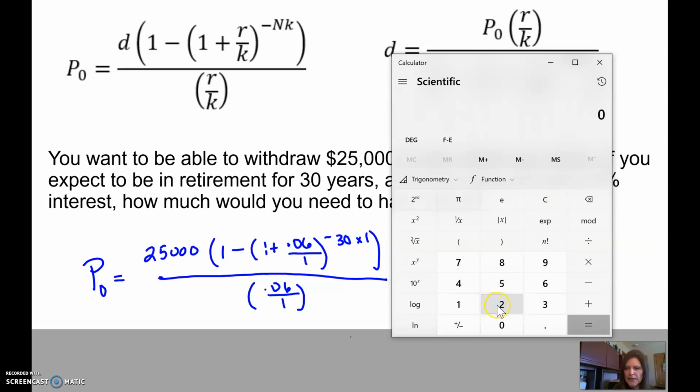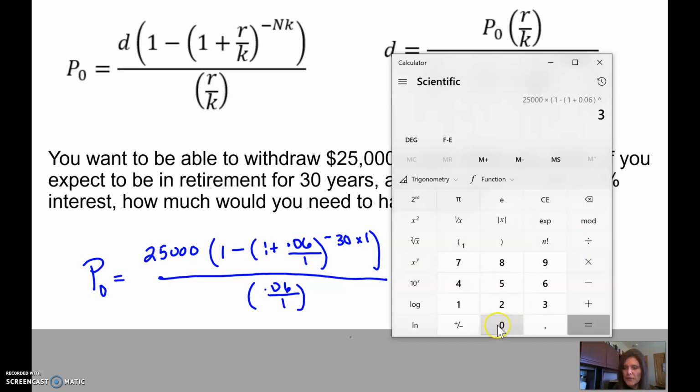So let's do some practice. 25,000 times parenthesis 1 minus parenthesis 1 plus 0.06. I don't need the divide by 1. Close the parentheses. Raised to, my exponent is a negative 30 times 1, but that's just negative 30.